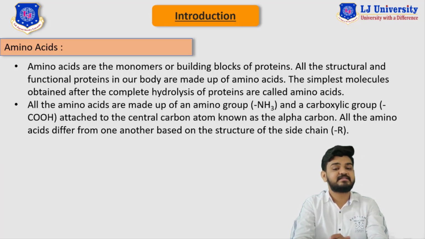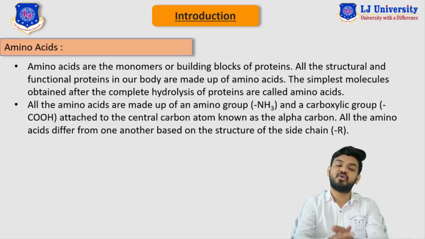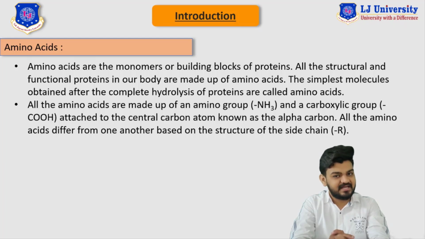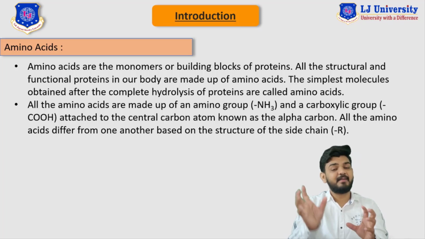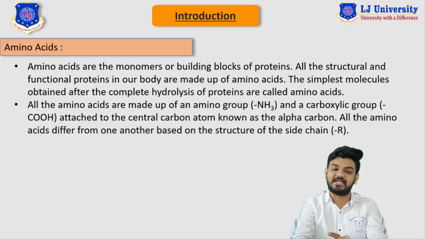You can write that the simplest molecule obtained after the complete hydrolysis of protein can be considered an amino acid. So amino acids are the monomers and protein is the polymer made up of these amino acids.